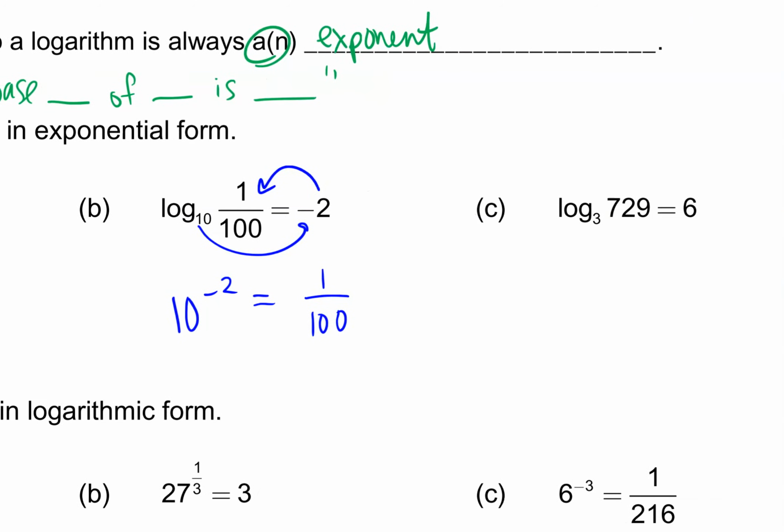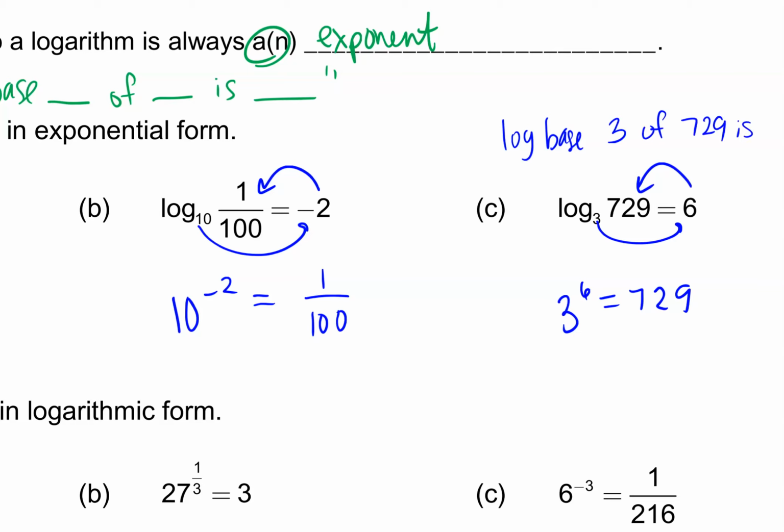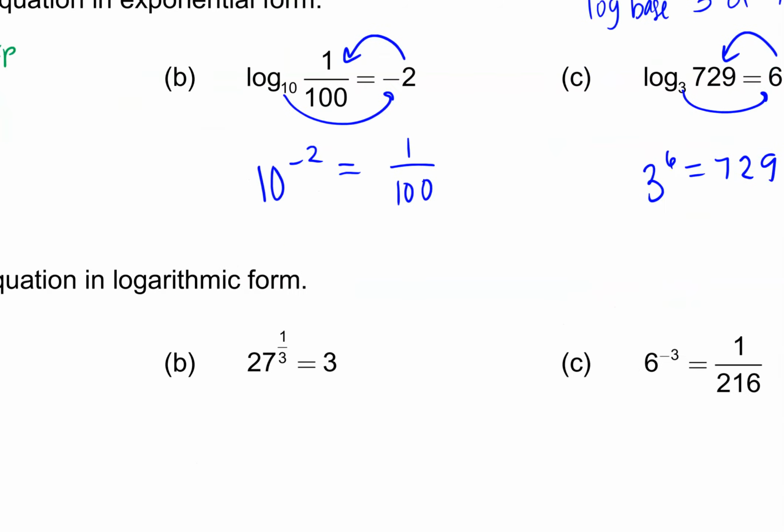Similarly, I say 3 to the 6th power is 729. Little seashell spiral action, that's what this is. Remember how I say it? Log base 3 of 729 is 6. And the 6 is always your exponent, because the answer to a logarithm is always an exponent.